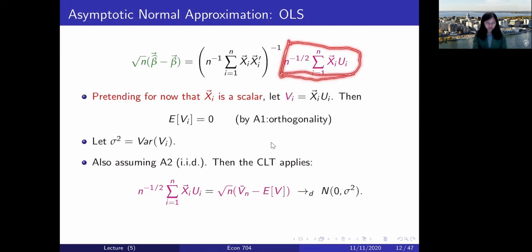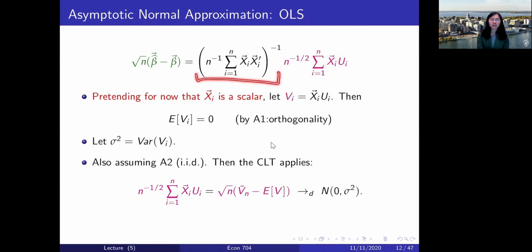But now for the OLS estimator, in order to derive the asymptotic distribution of this whole thing, we ran into some complications. One complication, of course, is that x is not a scalar typically. And the second is that you got this piece also, and we need to deal with this piece too.